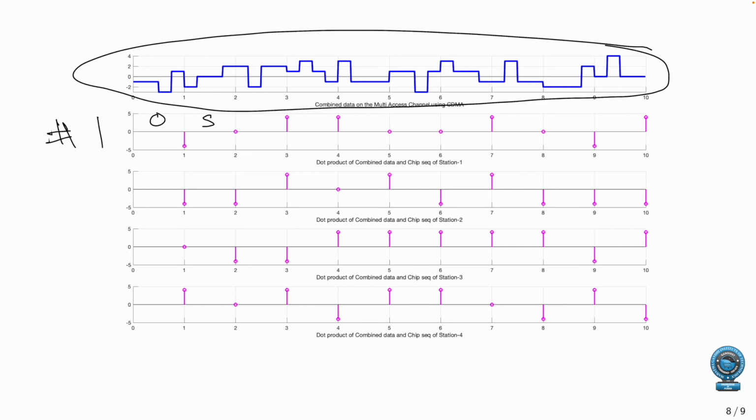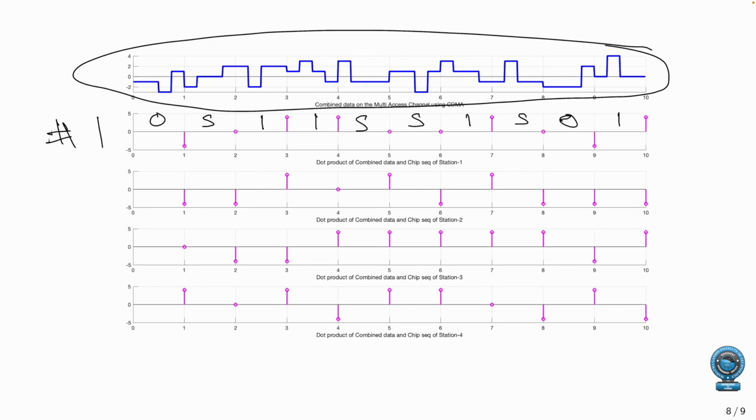He sent 1 here, because the area is positive, and the area is 0 here, indicating that he was silent. He sent a 1 here, was silent here, sent a 0 here, and again sent a 1 here.